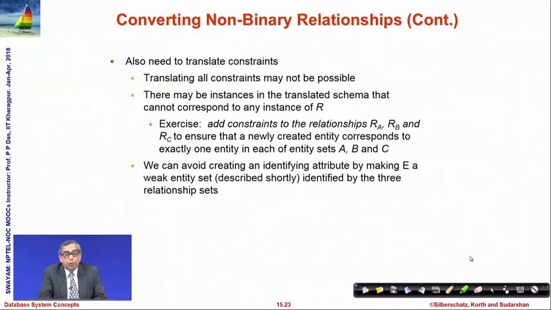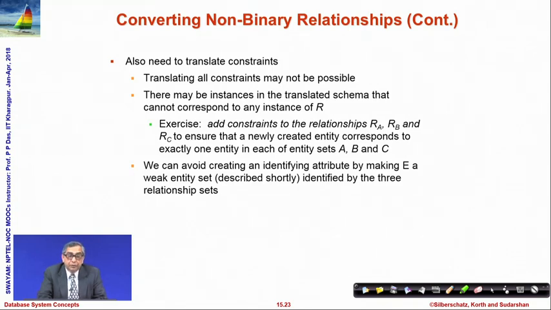Now, while we do this decomposition, we will also have to remember that we need to translate all constraints that are present for the ternary relationship, and oftentimes it may become difficult to translate all constraints, it may not be possible, and there may be instances in the translated schema that cannot correspond to an instance of the original relationship.